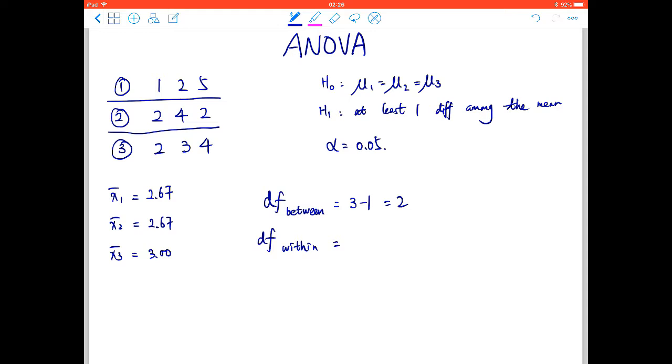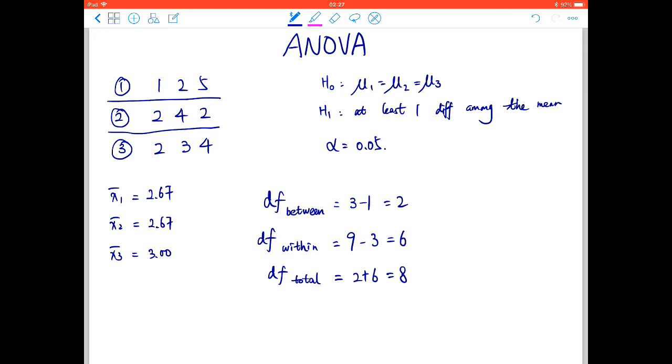There are 9 numbers in total and 3 groups, so we get 6. The degrees of freedom in total is the sum of the degrees of freedom between the groups and within the groups. It will be 2 plus 6 equal to 8, or you can simply take 9 numbers minus 1, which is 8. They're the same.